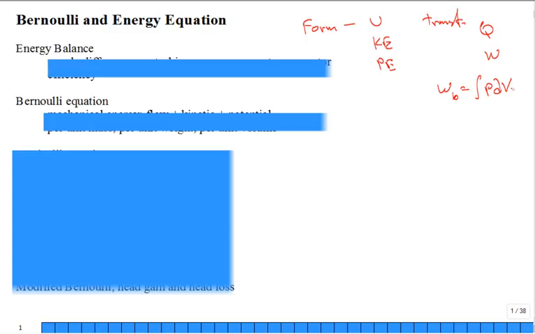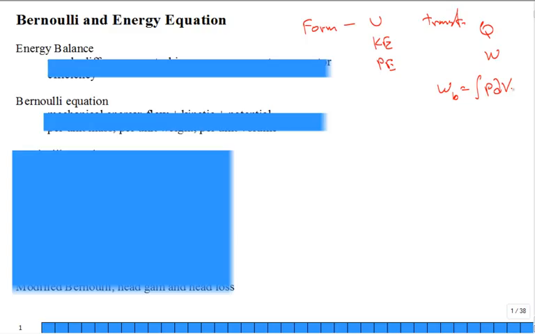Or you just have shaft work across the boundary. It could be a torque with rotational speed of a shaft, some calculation of power or work going across. But we have a lot of energy transfer devices that you studied already.